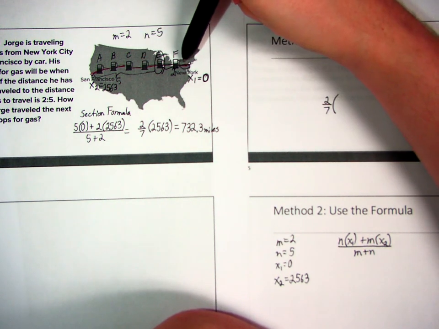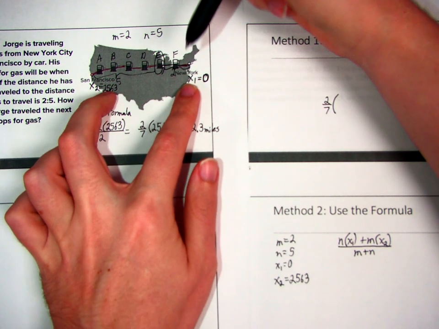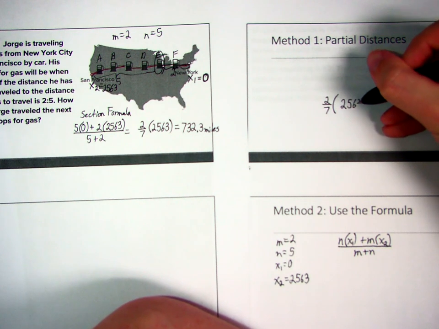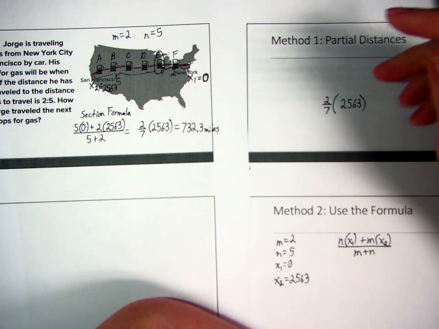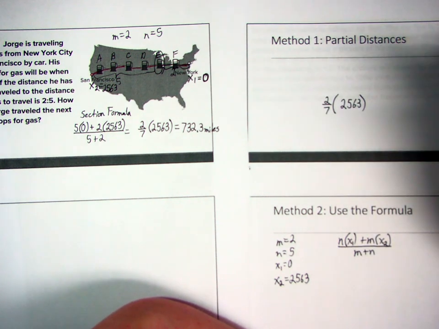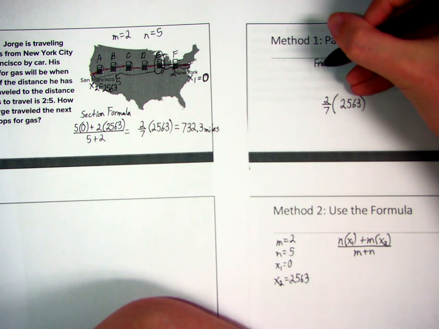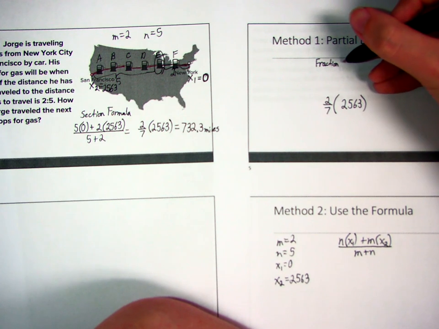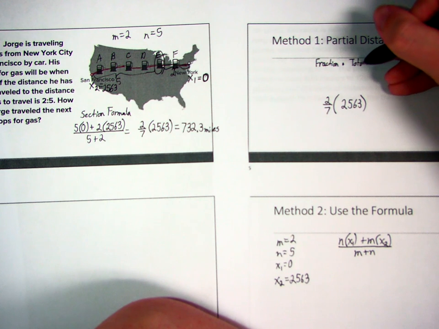We're traveling a total distance from x1 to x2 of 2,563 miles. And this will give us, let's just make comments here, a fraction times the total distance.